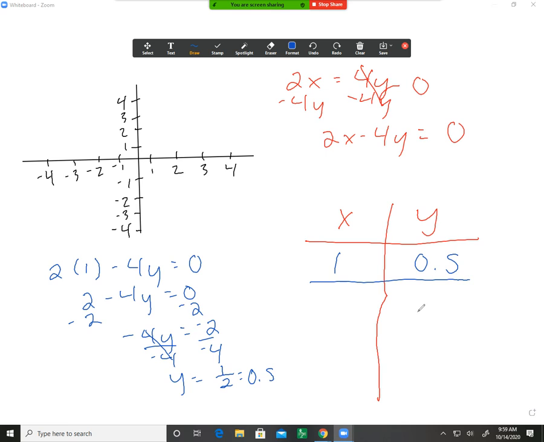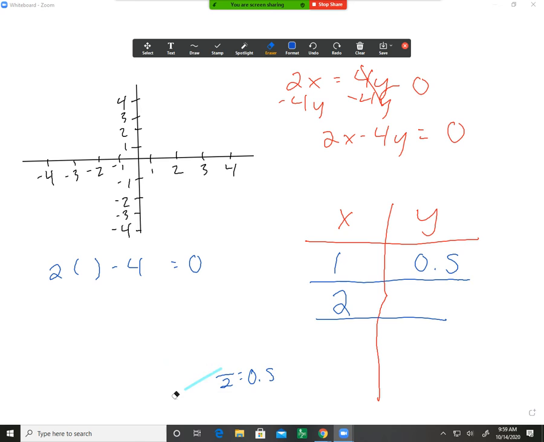All right, what's another value we could put in for x? A trick for doing your tables: pick numbers that are going to be easy. Let's do 2.